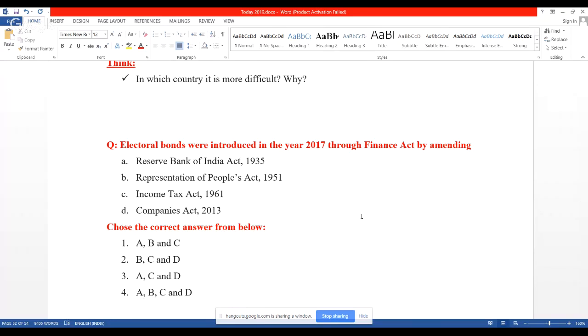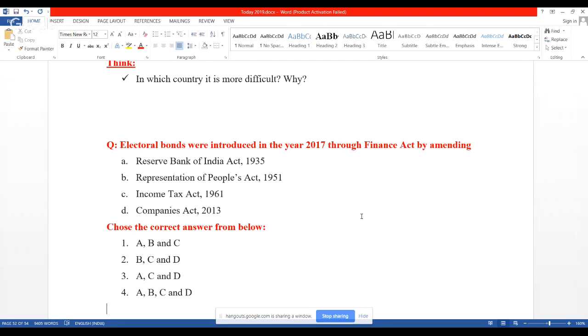We need to find out what are the acts that have been amended to facilitate the introduction of electoral bonds. And you know the names of all these acts, right? Reserve Bank of India Act of 1935, Representation of the People Act of 1951, similarly Income Tax Act of 1961, Companies Act of 2013. Fine. So these are the four acts.